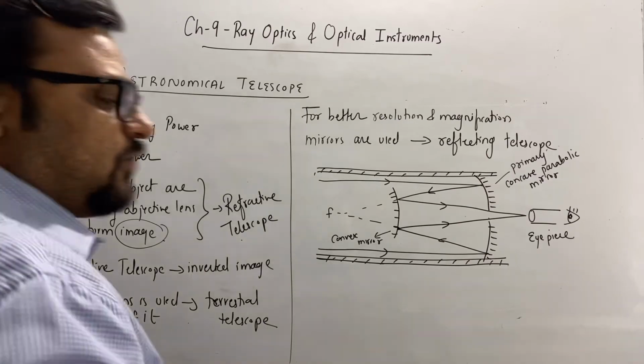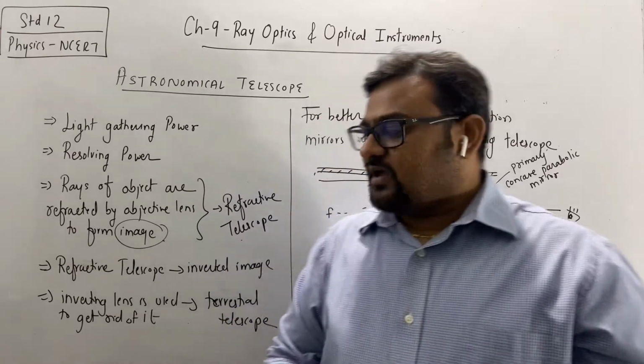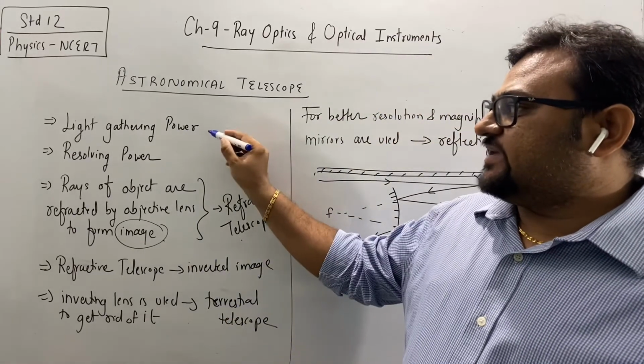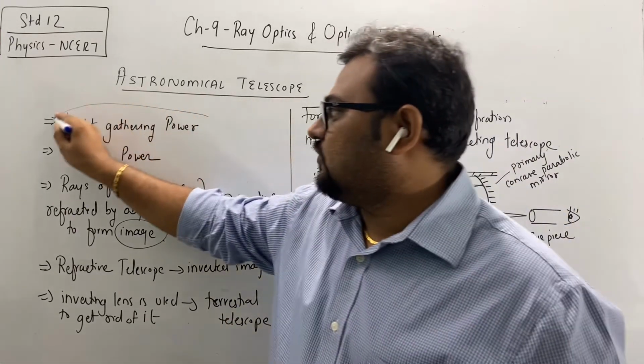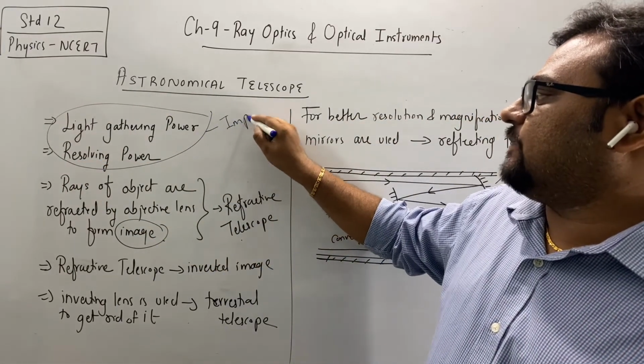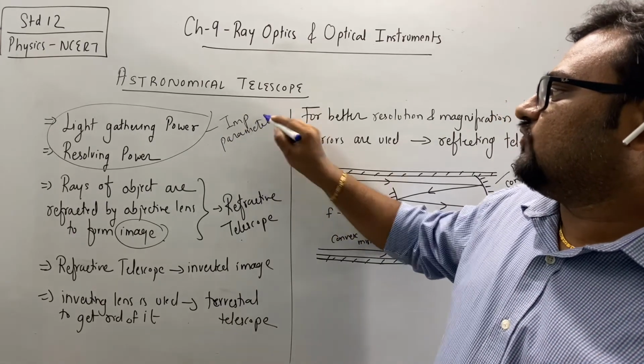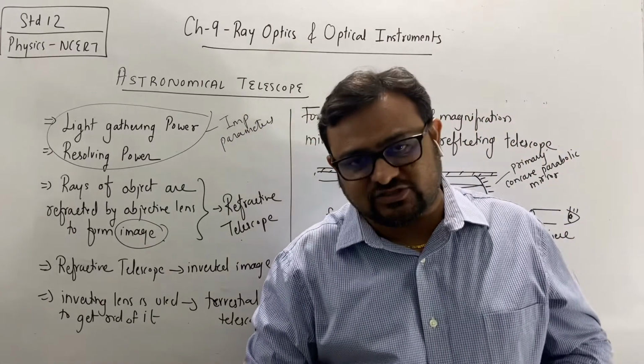Now, some important points related to astronomical telescope. Light gathering power and resolving power are very important parameters for astronomical telescope.